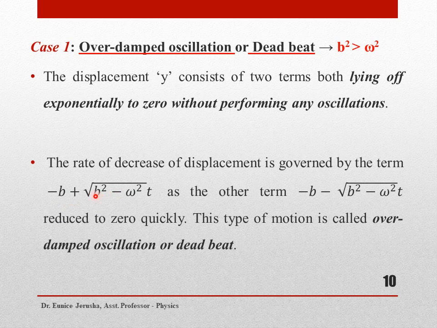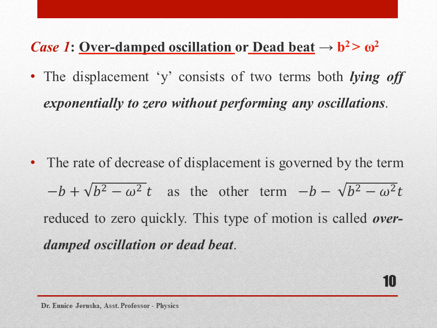Therefore, this square root term can tend towards 0, and we will be left with the exponential term e power minus bt, which is a rapidly decreasing exponential term, and therefore the displacement is reduced to 0 very quickly without performing any kind of oscillatory motion. This type of motion is called the overdamped oscillation or the deadbeat.